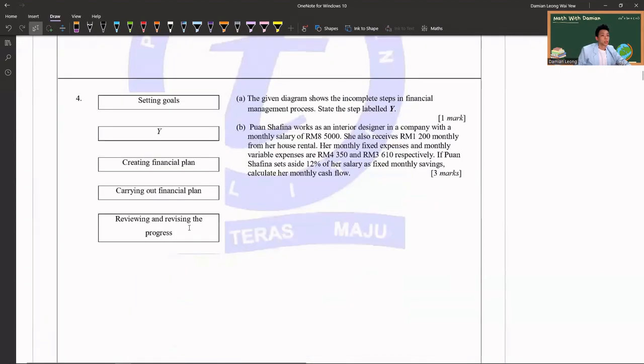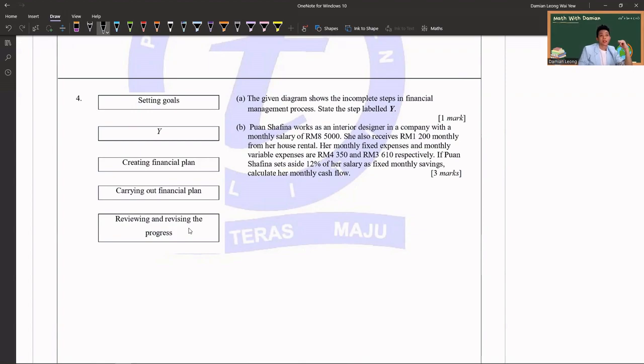Okay. Question 4. This is steps in the financial management process. So yeah, this is one of the theory parts for financial management. It is the steps here in the financial management process, and the other one is the SMART approach. So these two things are the ones you need to remember.